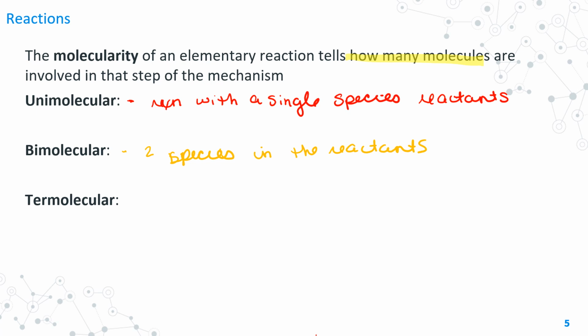And then we have termolecular, which is going to be three species. Most of our reactions are going to be these two.